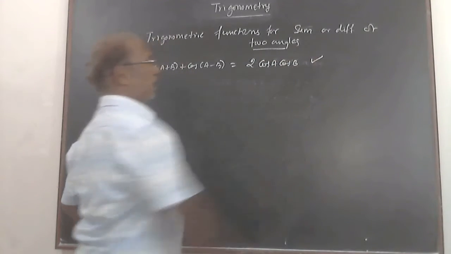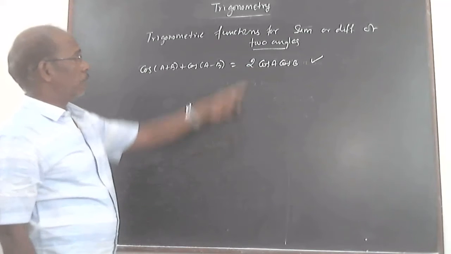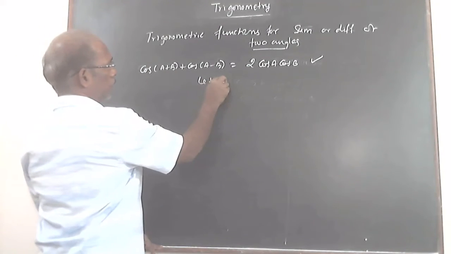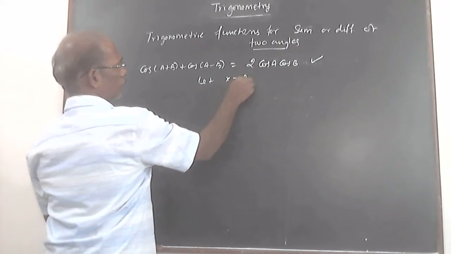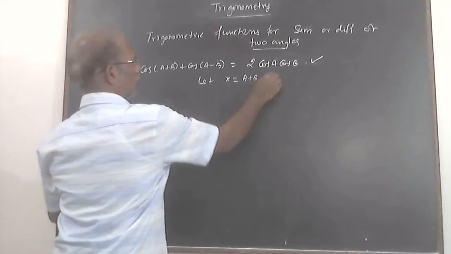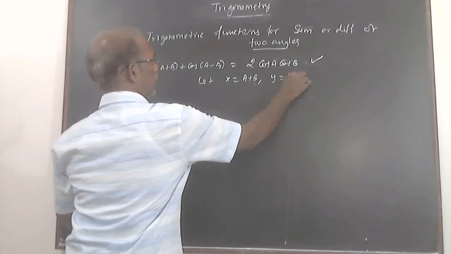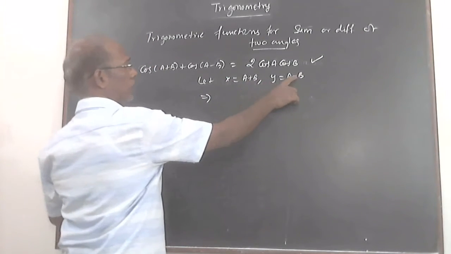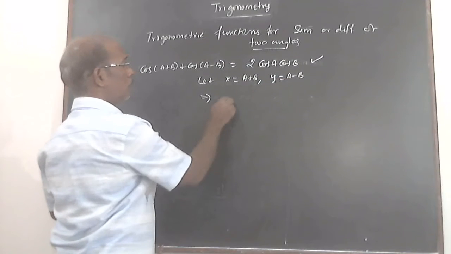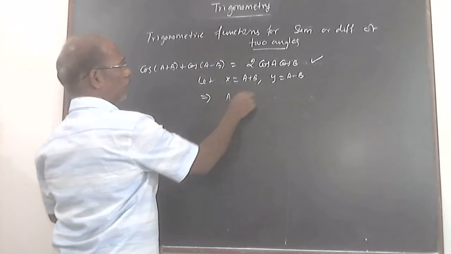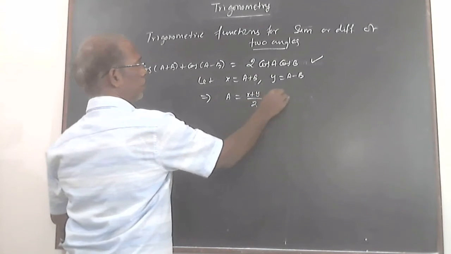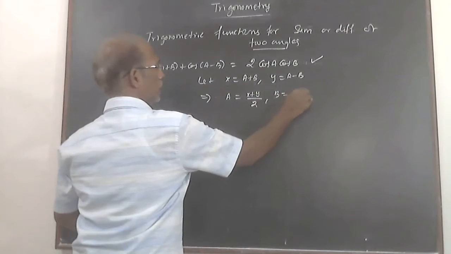This is one formula. Remember, students, if we take a plus b as x and a minus b as y, then by solving these two linear equations in two variables a and b, a will be equal to x plus y by 2, and b will be equal to x minus y by 2.